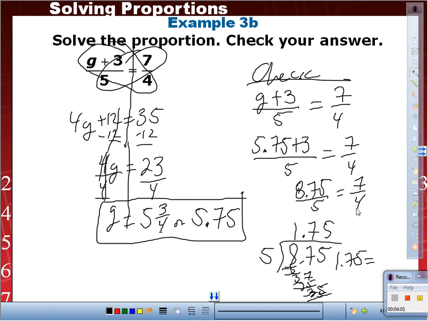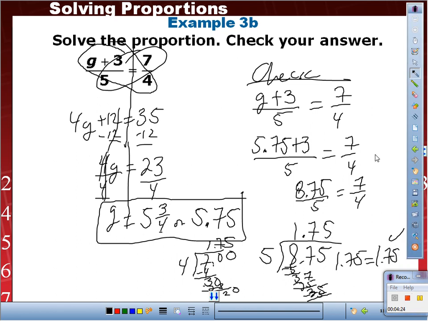Is that equal to 7/4? Well, let's find out. 7 divided by 4 fits in there once. Subtract, that's 3, add a decimal and a 0. Fits in there 7 times, 28. Subtract 2, bring down another 0. Fits in there 5 times, yep, 1.75. And we got that. Okay, good.